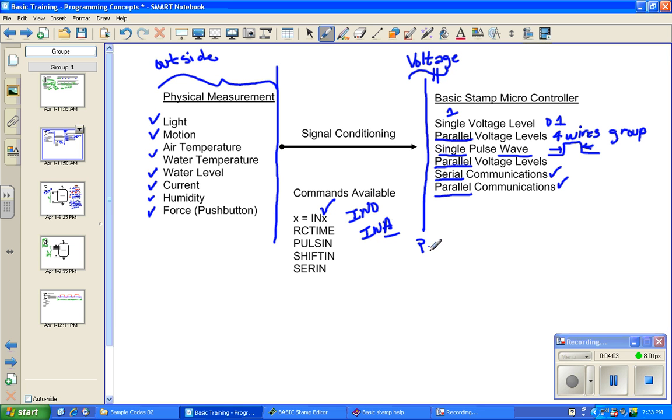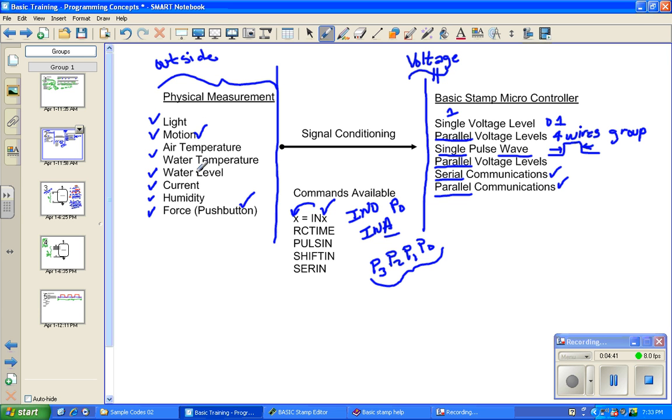INA means that it will read P0, P1, P2, and P3 all together as a single group, whereas IN0 will only read P0. And you can save that number into the variable that you have defined. So this is an example of a single voltage level that you're trying to measure.